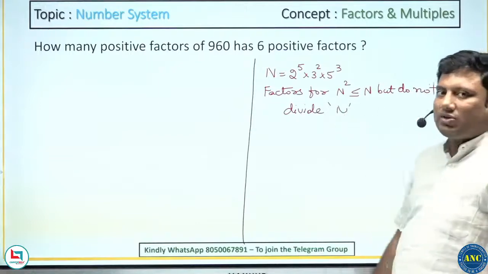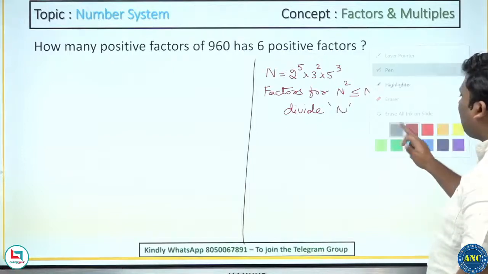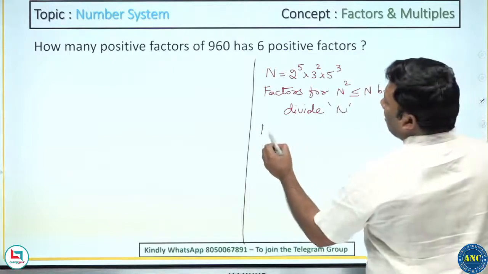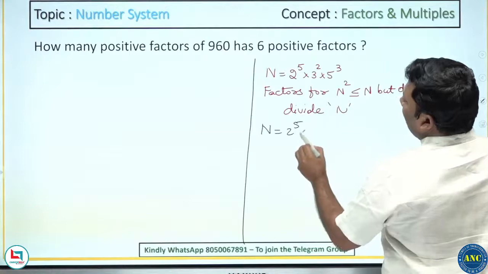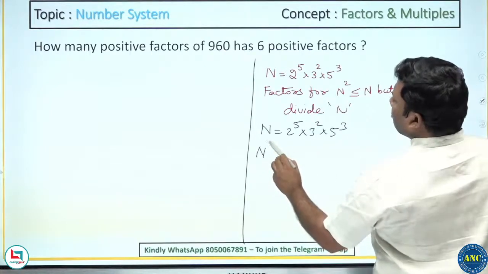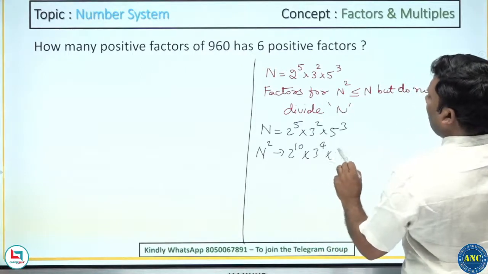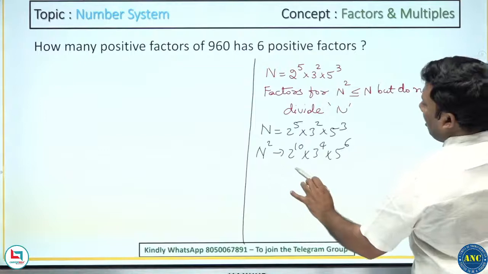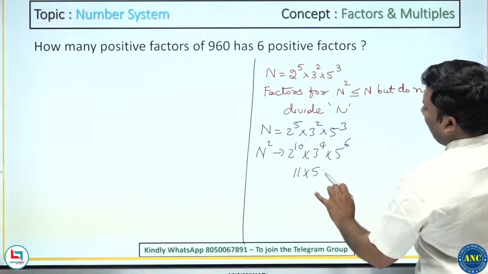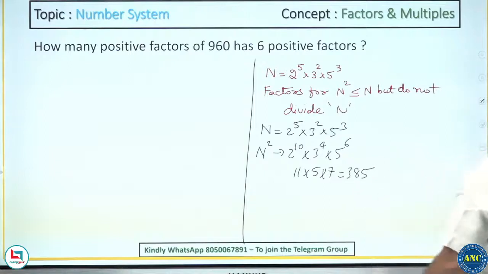So n square will be 2 power 10 into 3 power 4 into 5 power 6. How many factors will be there? 11 into 5 into 7, which is 385.